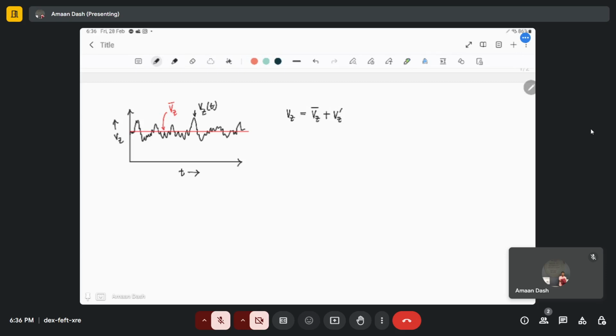Okay. Such a notation is called Reynolds decomposition.